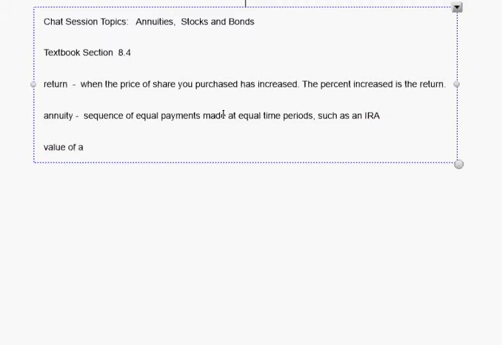Value of an annuity. Sum of all deposits plus all interest paid to an annuity.